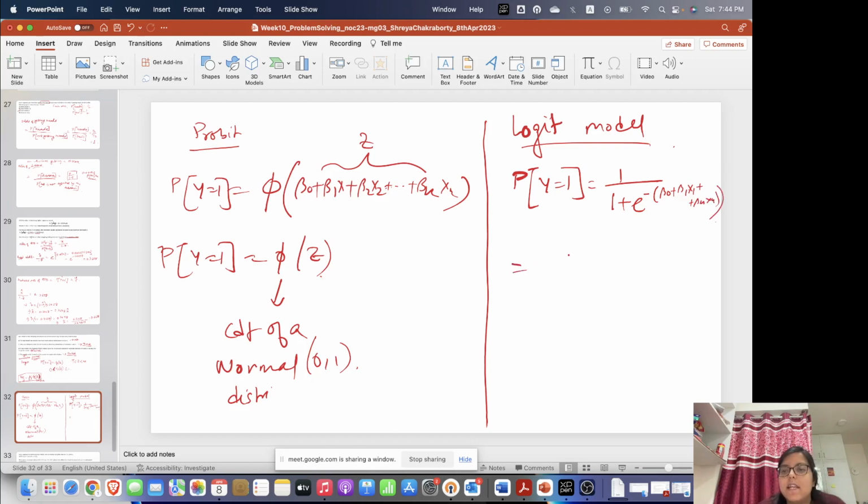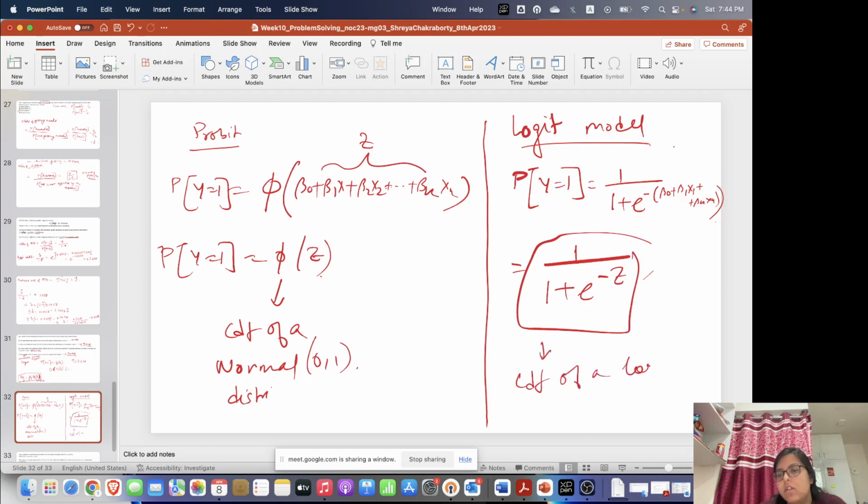If I write this as z, we have 1 by 1 plus e to the power minus z. This is the CDF of a logistic distribution. Is it okay?